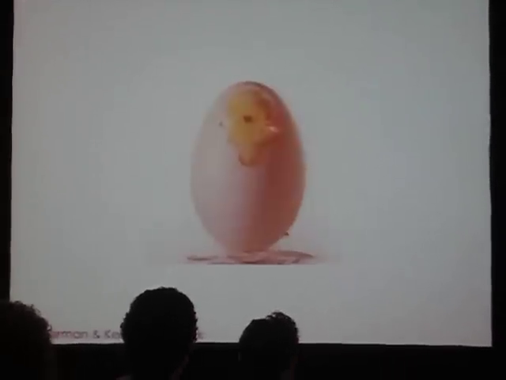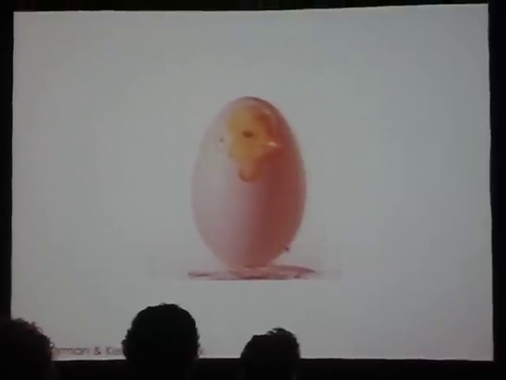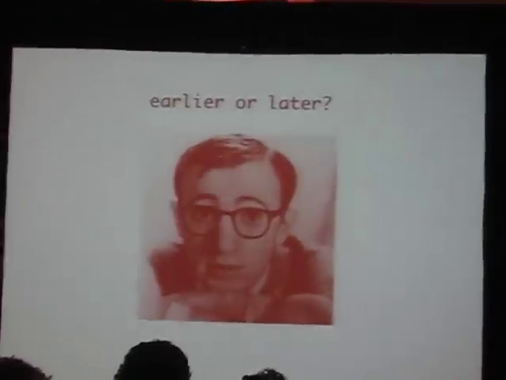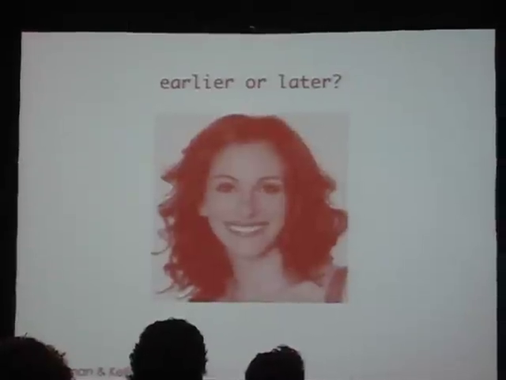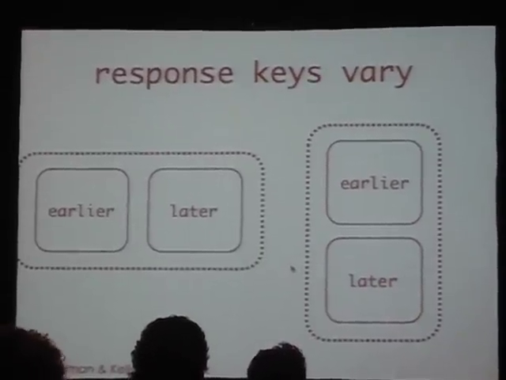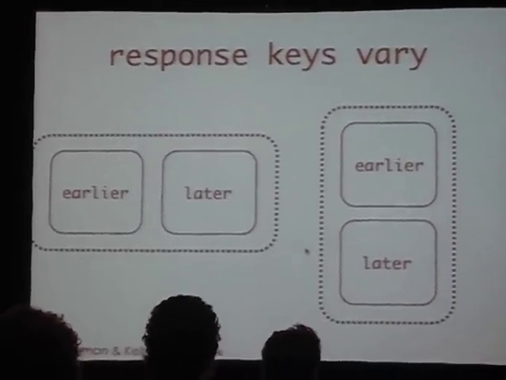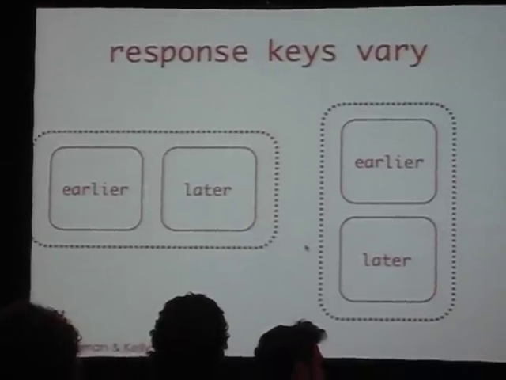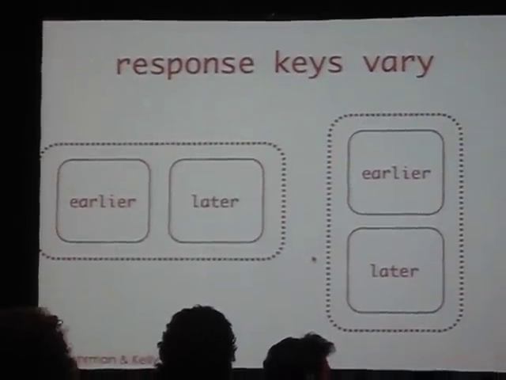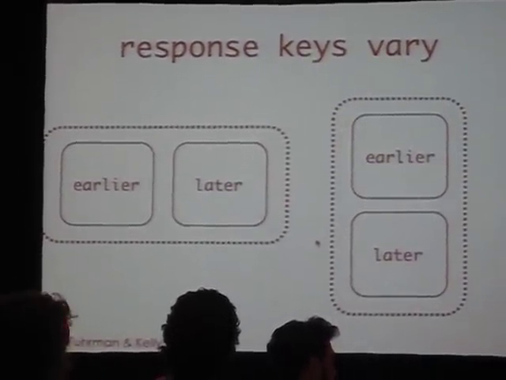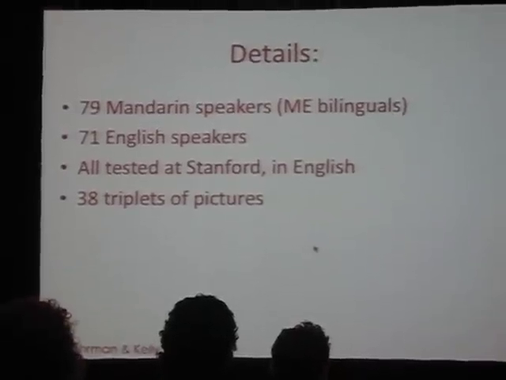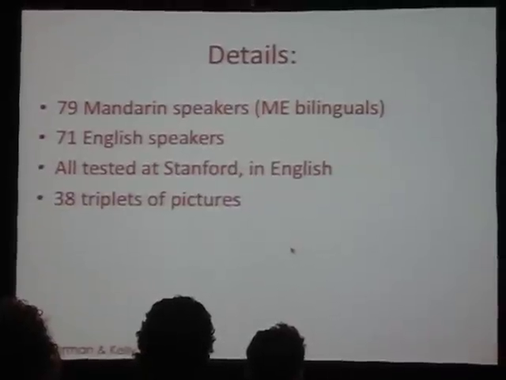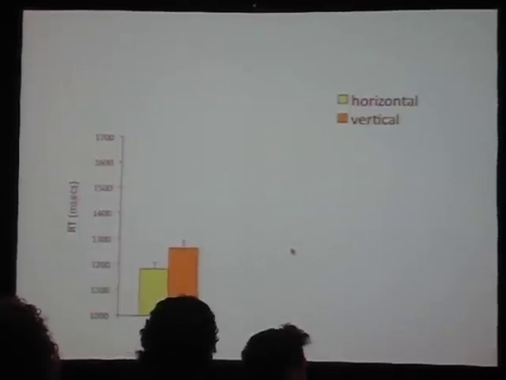And they have to do this as quickly as possible. So here are some examples. That would be earlier, later, and so on. And the way people make their responses is by pressing earlier and later buttons, and the buttons are arranged either horizontally like this or vertically like this. That's the only manipulation. We tested a bunch of English and Mandarin speakers. They're all tested at Stanford in English, and there are a whole bunch of items.